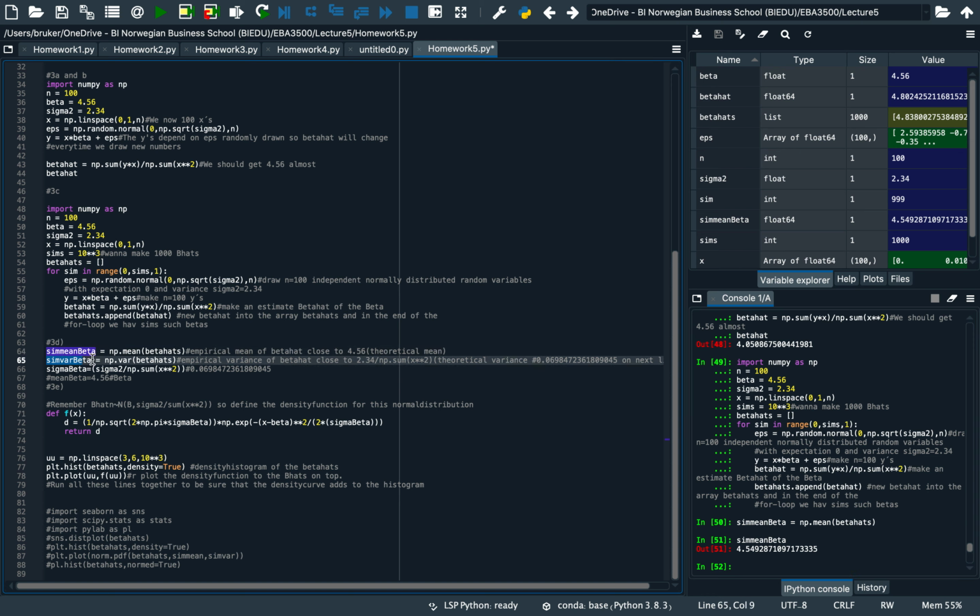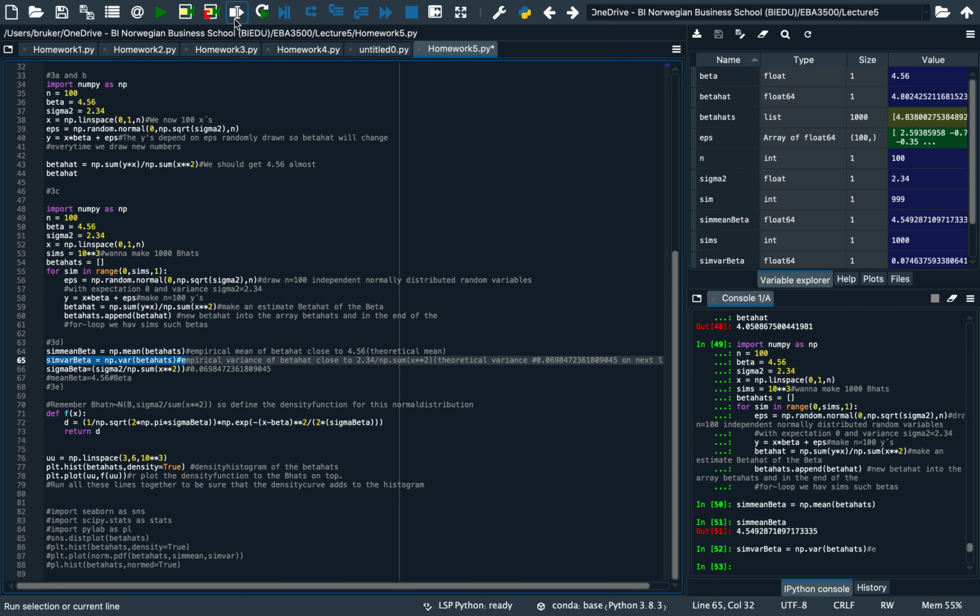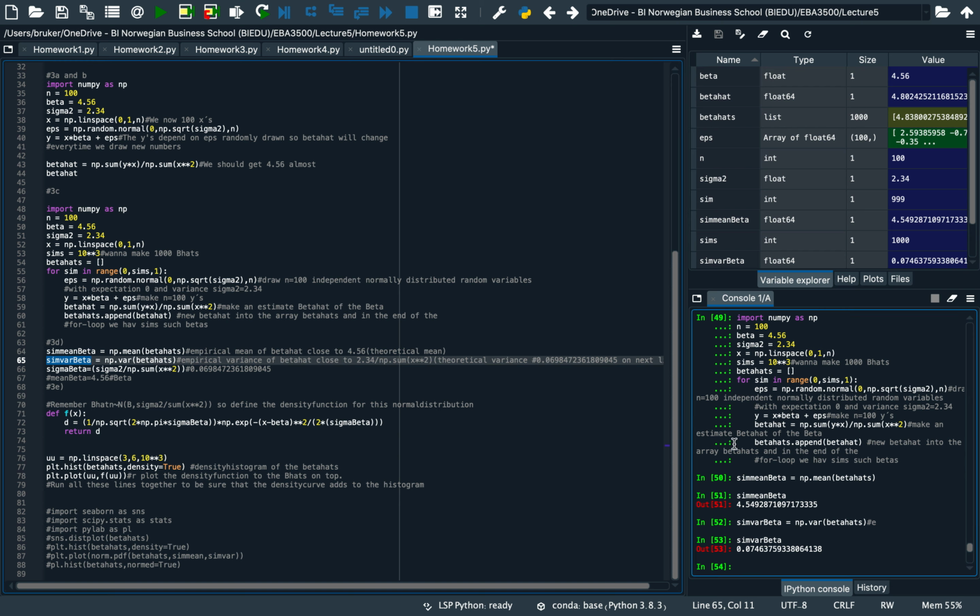And then I can find the variance of the betas. Then I get 0.074. And this should be close to the theoretical variance.